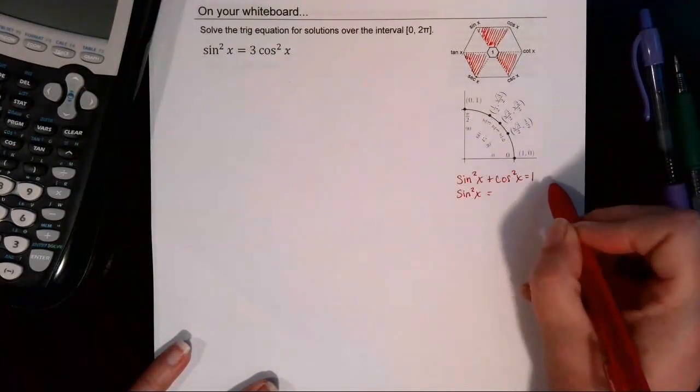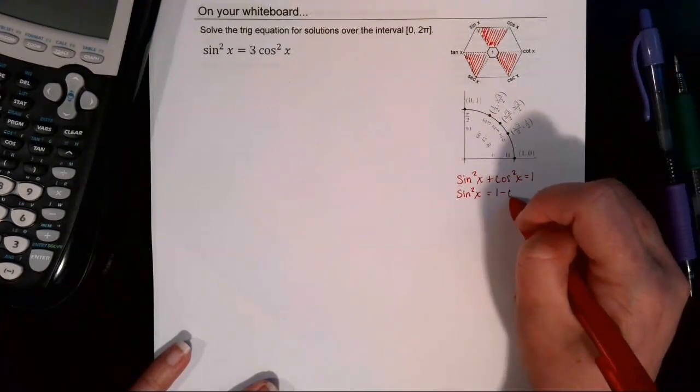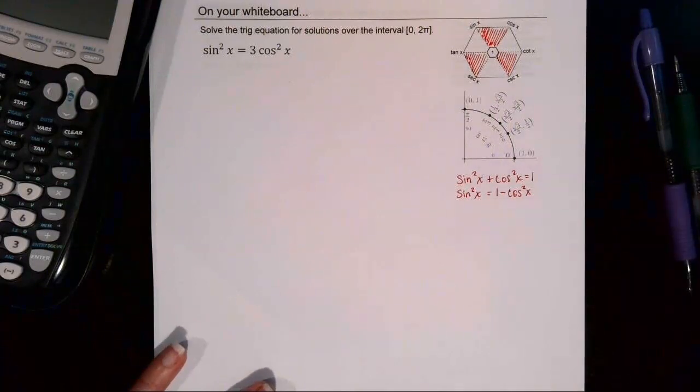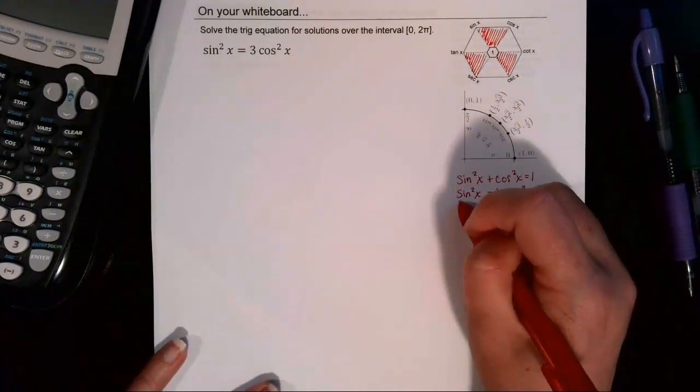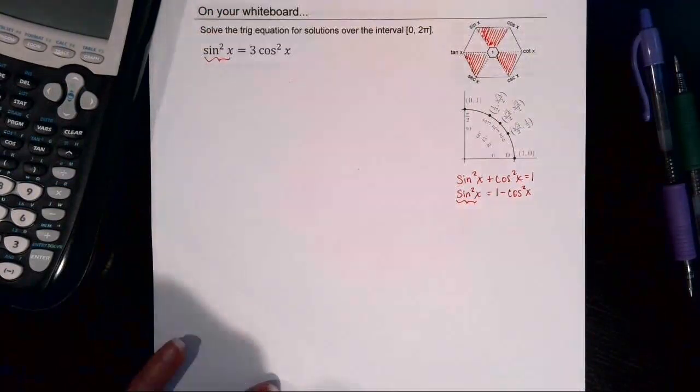squared x, I would need to subtract that cosine squared x to the other side. So I would have 1 minus cosine squared x that I can substitute now in place of sine squared x in the equation.